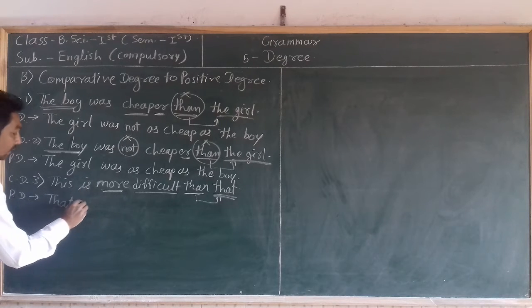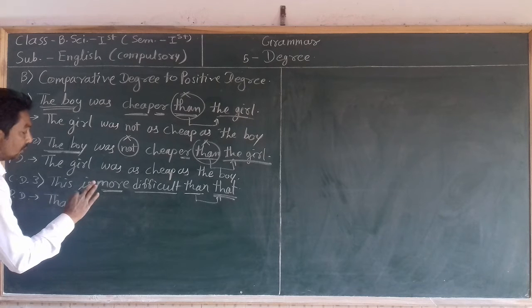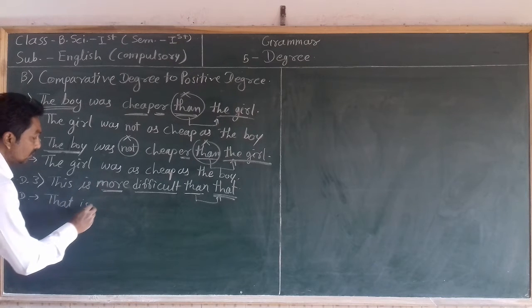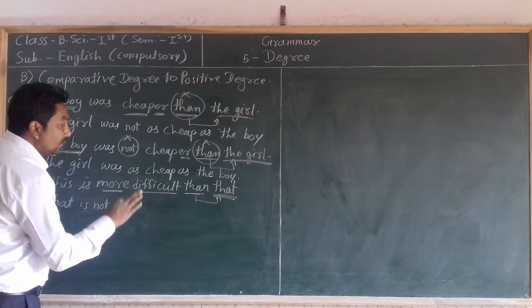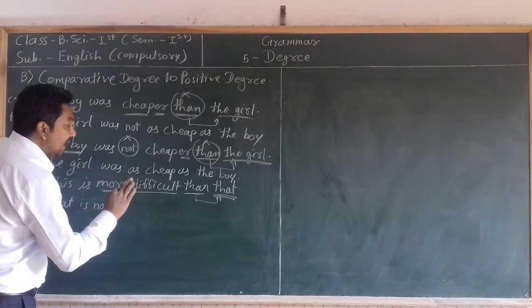Then take the helping verb as it is. Then see whether there is given not. Here is not given no, not, or this kind of word, so use not in front of the helping verb in positive degree. Then take the original form of this adjective word between as.